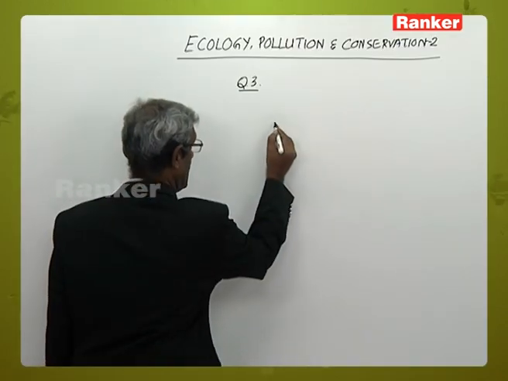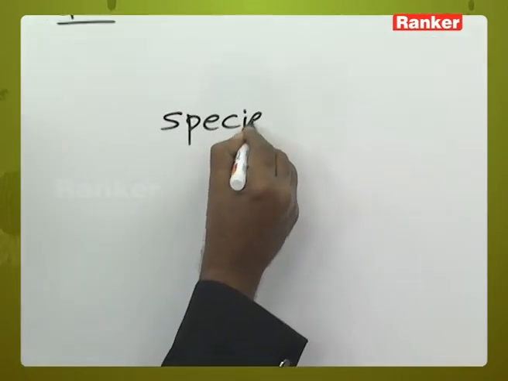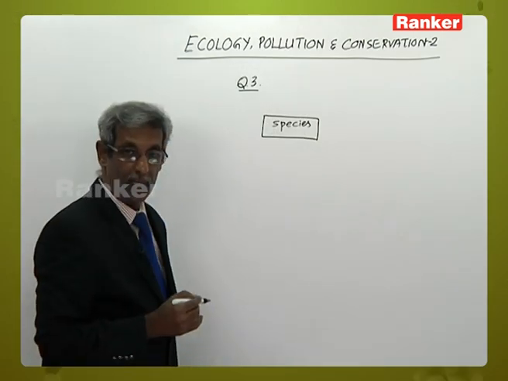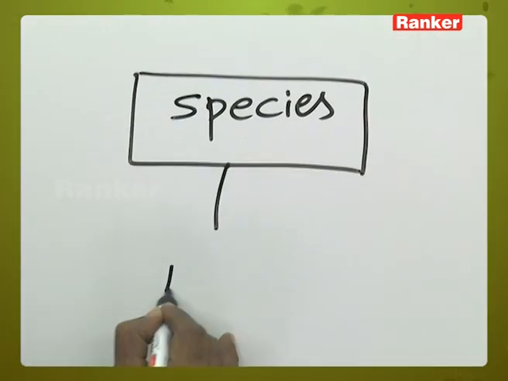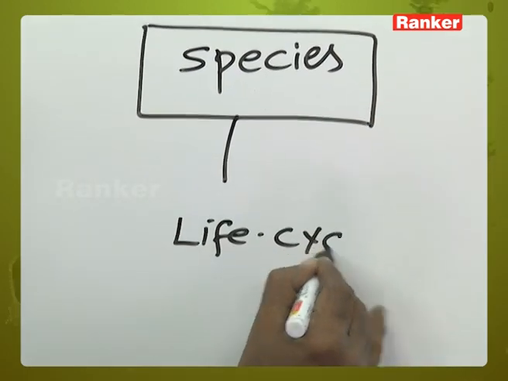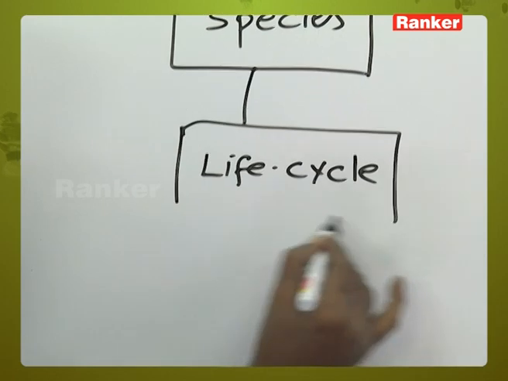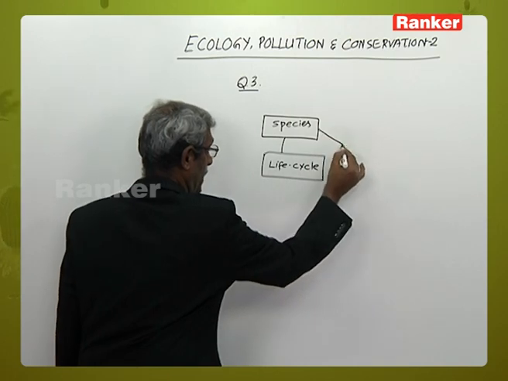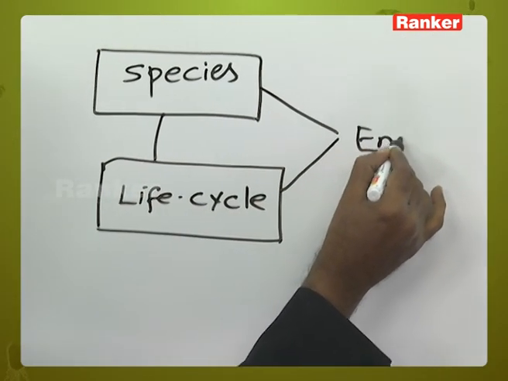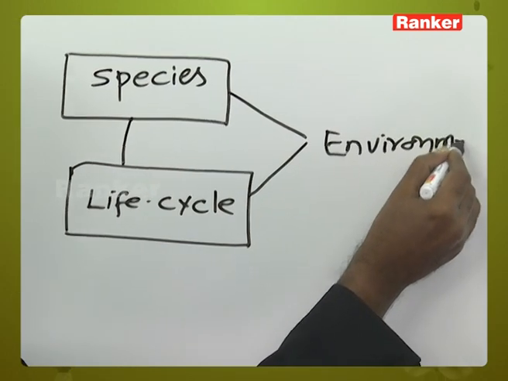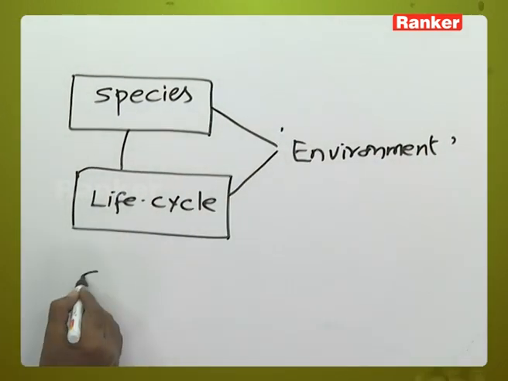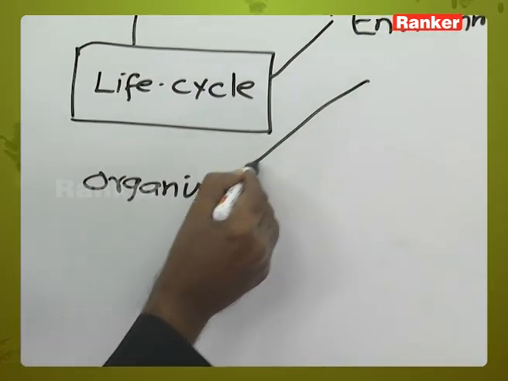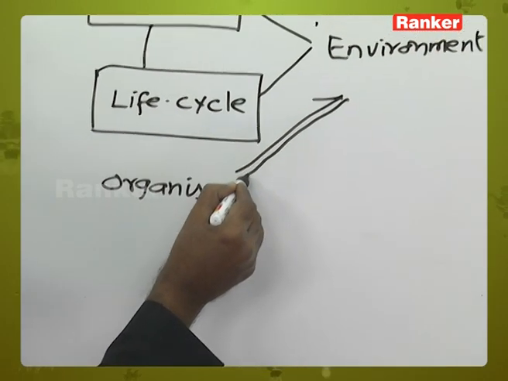When we are studying a single species and looking at the species in terms of all stages of its life cycle in the context of the environment, that is, we are dealing with the organism in relation to the environment, and the environment in relation to the organism.